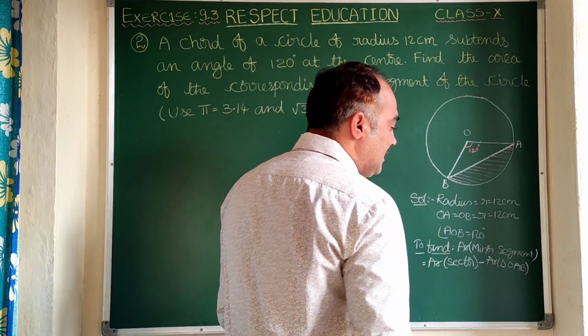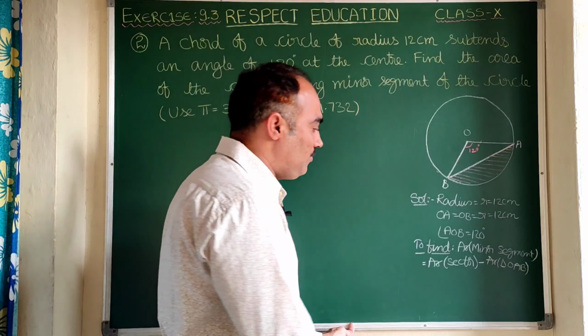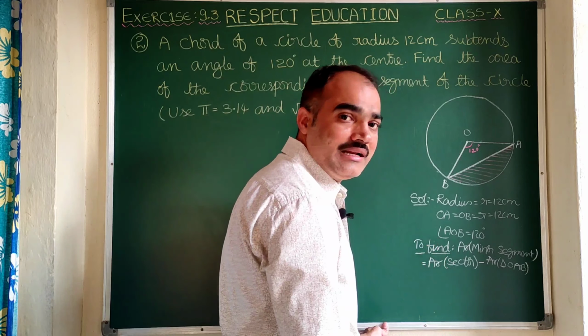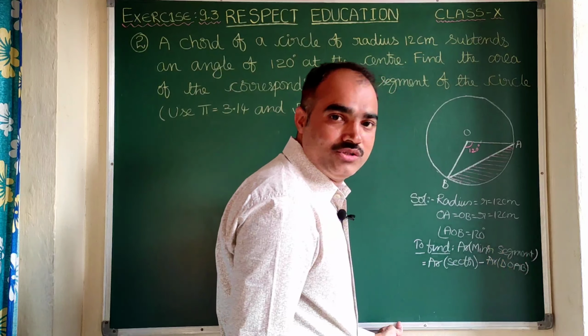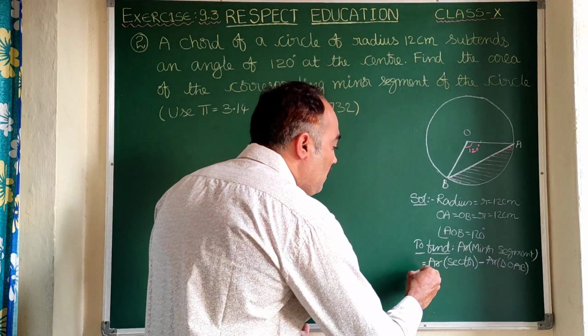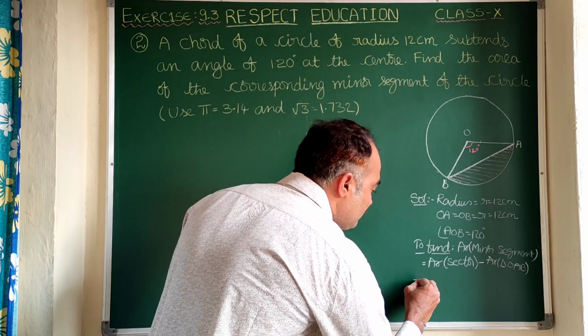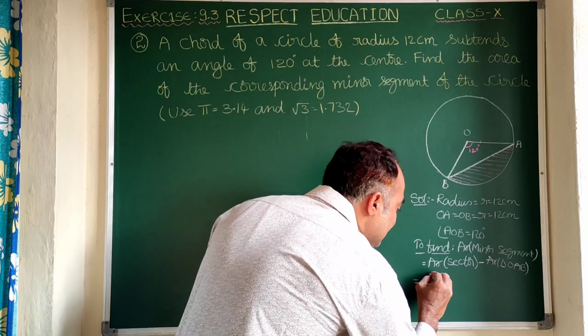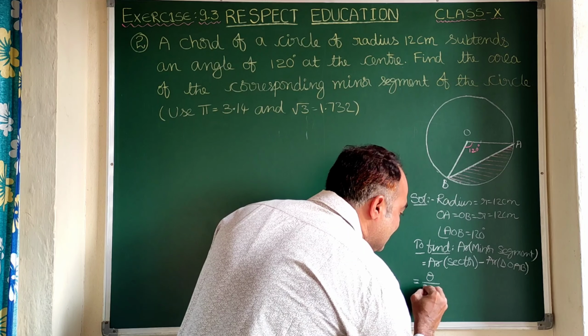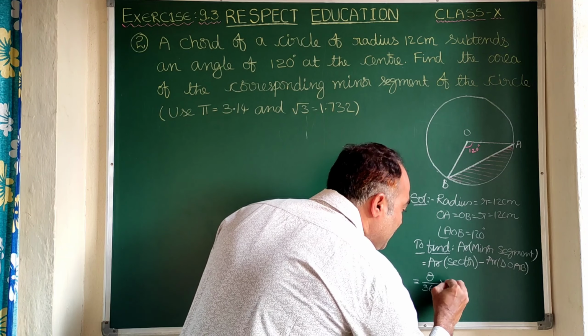Now there are two things to find. First one is the area of the sector and the area of the triangle also. So now let us write the suitable formulas. Area of a sector is theta by 360 into pi r square, minus area of triangle, formula half into base into height.